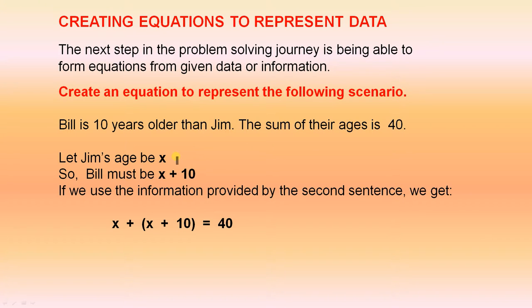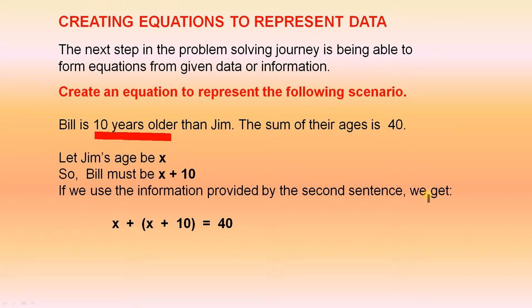So we don't know Jim's age, so let Jim's age be x. Okay, that's a variable. So we have to let Jim's age be x because we don't know the exact number. If Jim is x, then Bill must be x plus 10 because we are told Bill is 10 years older. So Bill is x plus 10.